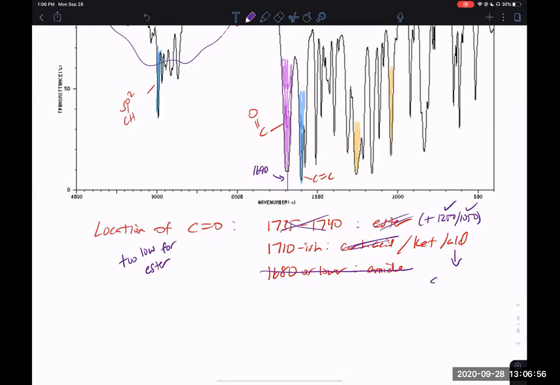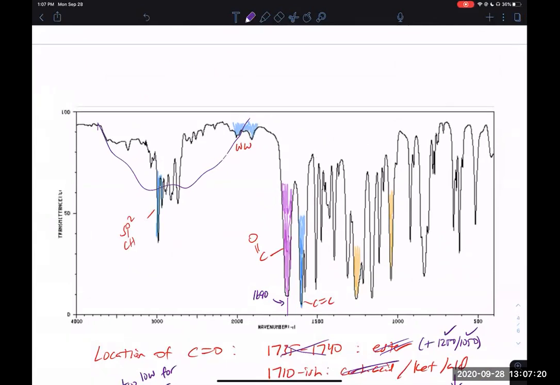We had certainly a C double bond O. What else was there? There were two peaks, one at 2700 and one at 2800, and they were due to the aldehyde CH. So I would go and look in that region and see what there is.